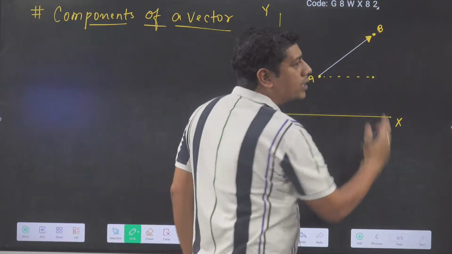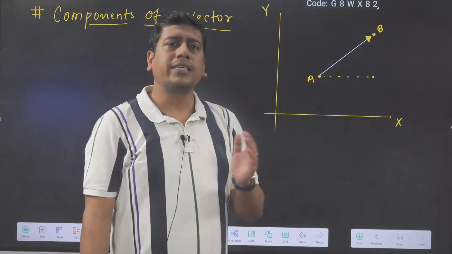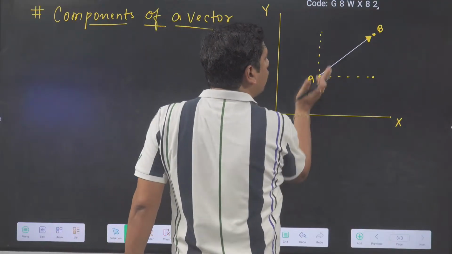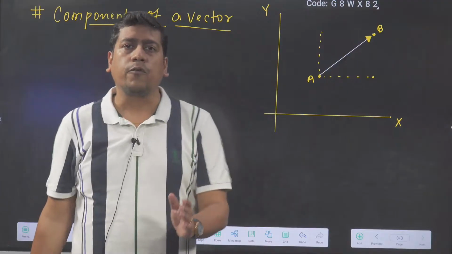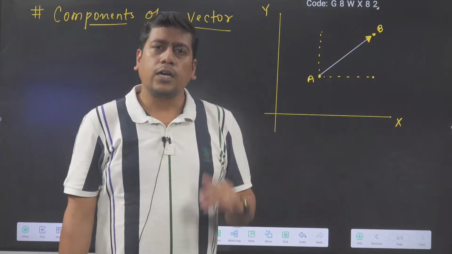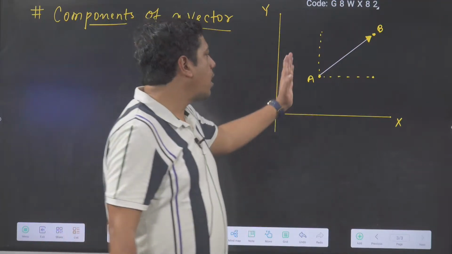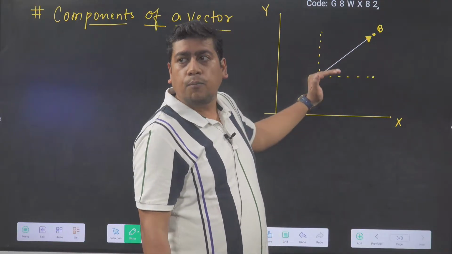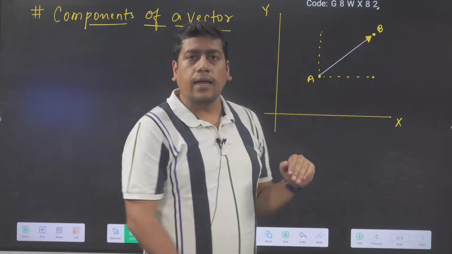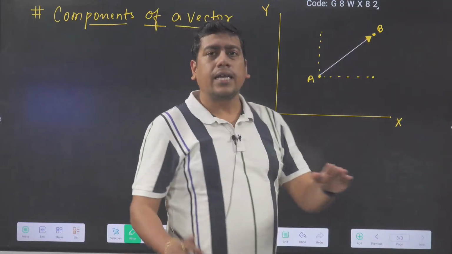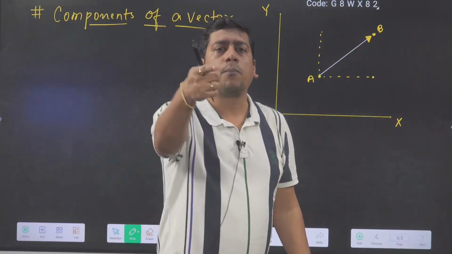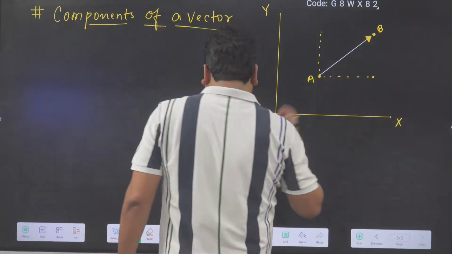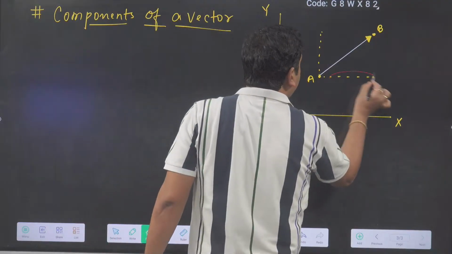It is on the east side of A, as well as on the north side of A. So the particle has moved towards east and towards north, somewhat more east and somewhat more north as compared to A. That means this AB vector can be broken down into two components, one along the x-axis, another along the y-axis.